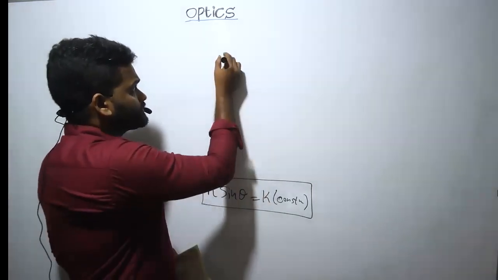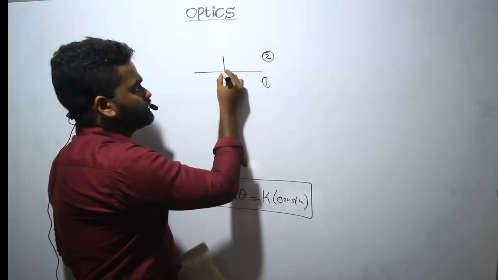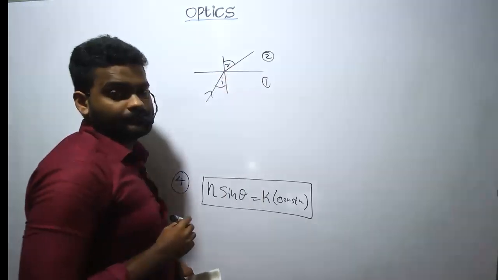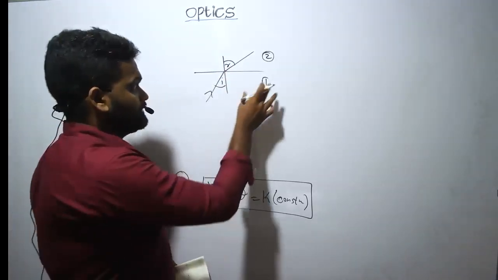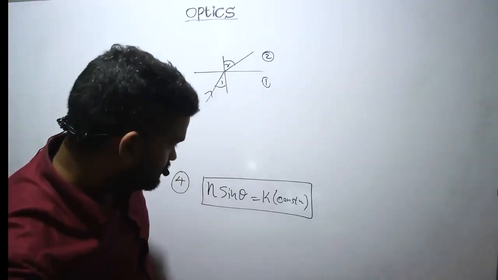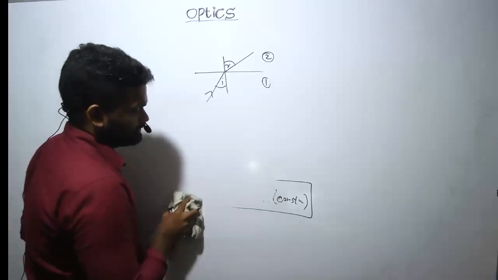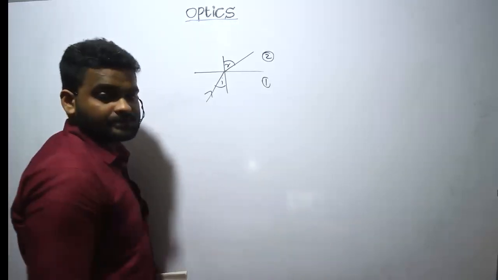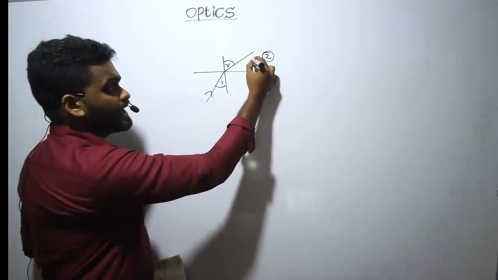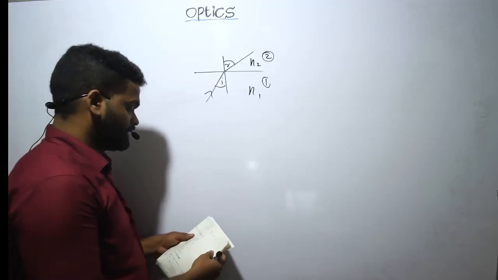Okay, for this one I'll just draw something like this. So this is the ray diagram. Medium 1, medium 2, incident angle, refracted angle. This is what we need to derive. Here absolute refractive index n1, here absolute refractive index n2.